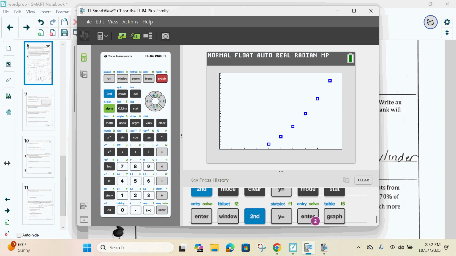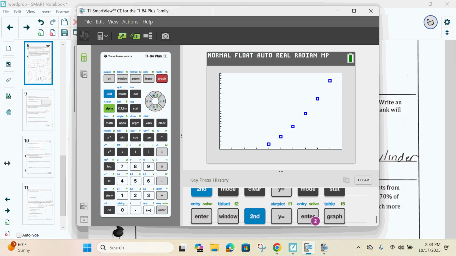Share the calculator with each other, make sure they look the same. Does anybody have an issue with that? Any issues?